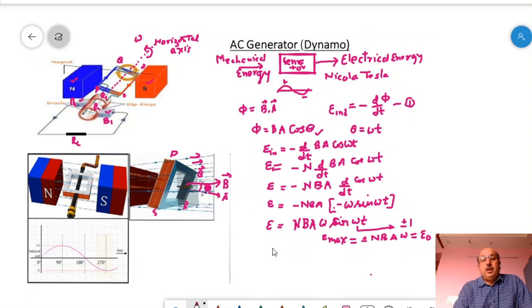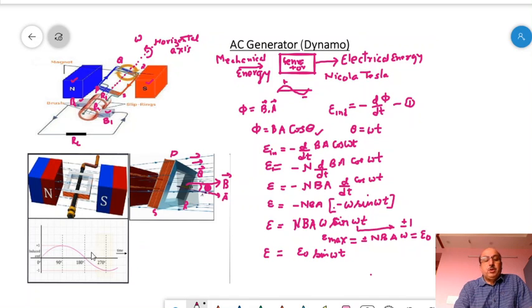So the induced EMF across the ends of the armature is equal to E naught sine omega t. This equation is sinusoidal. It has positive polarity as well as negative polarity.